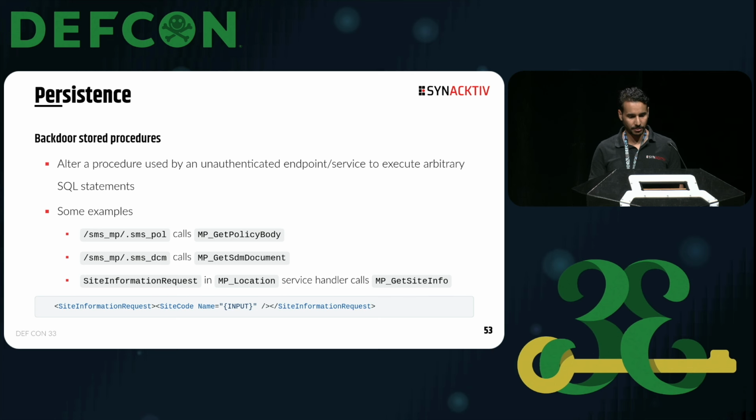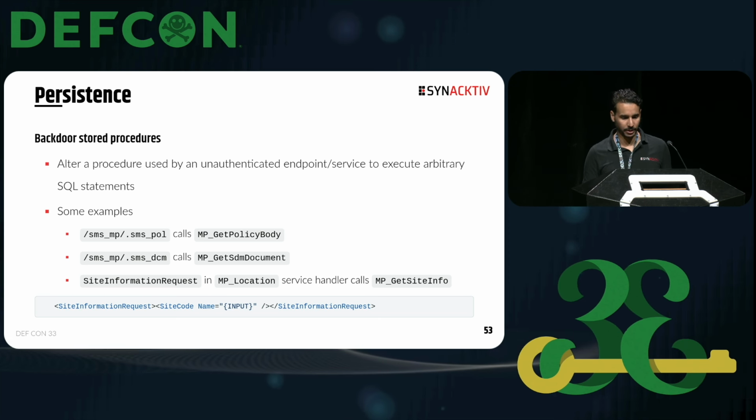But the last one is more interesting because it goes through the CCM messaging and through a POST request, so you can send bigger payloads. You use the site information request, for example, on the MP location service handler, which calls the MP get site info. This is a technique that I'm gonna blog about a bit later with more details. So stay tuned about that.